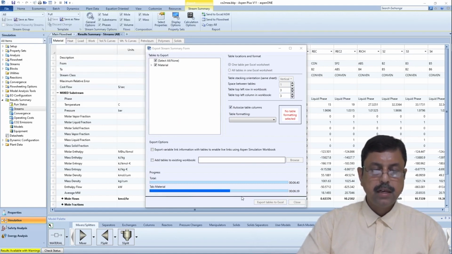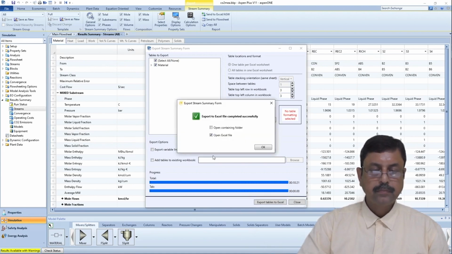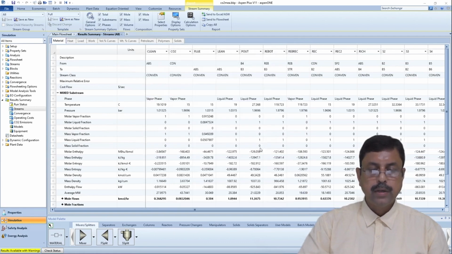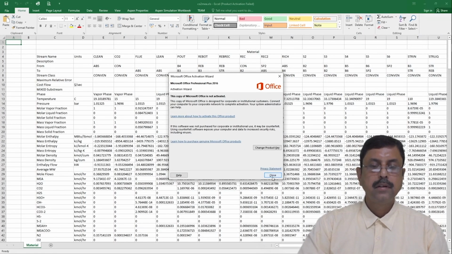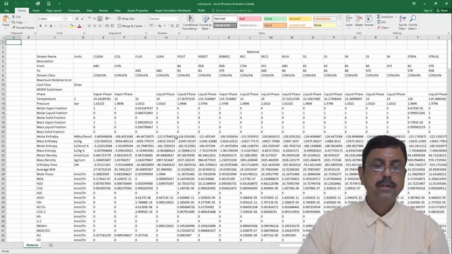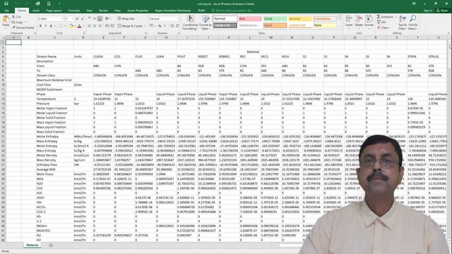This is the material stream that is going to the stream, and export to Excel file completed successfully. Now you can open the Excel file. So the CO2MEA.xls has been opened. So you can check all the result in a single sheet.